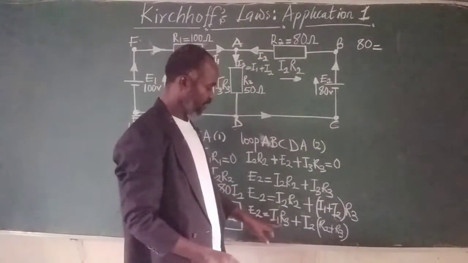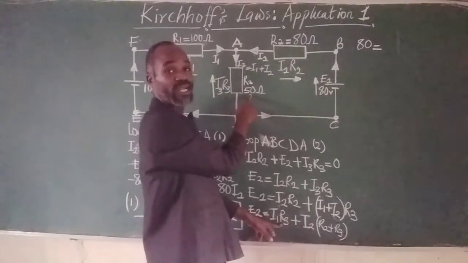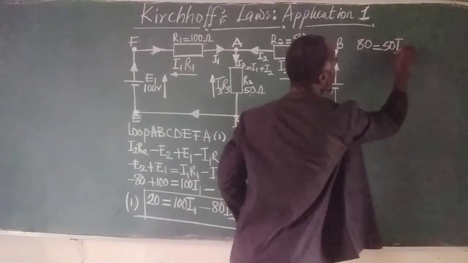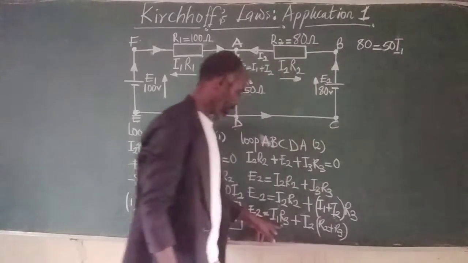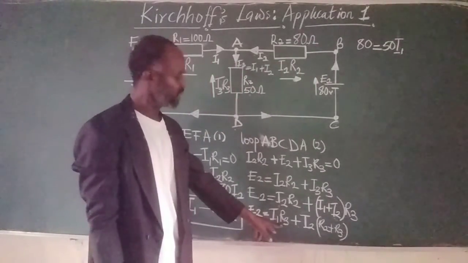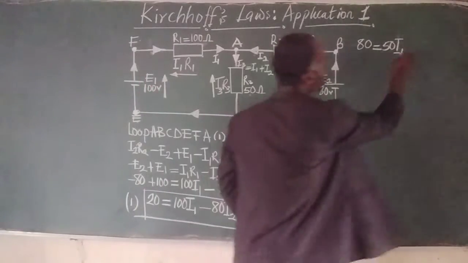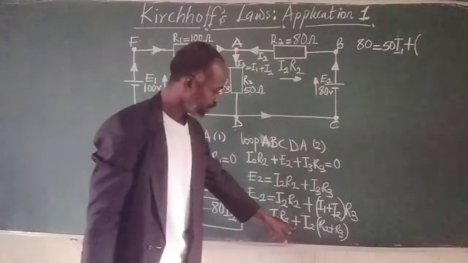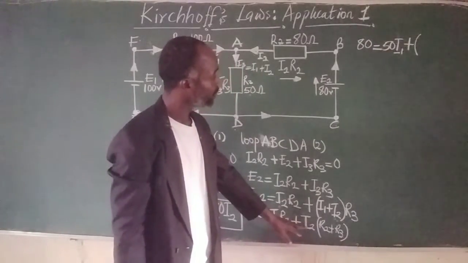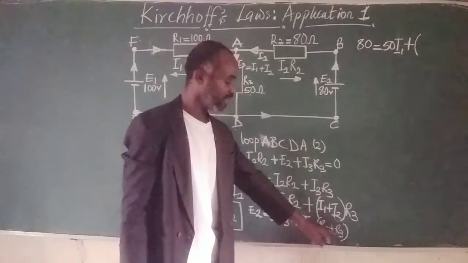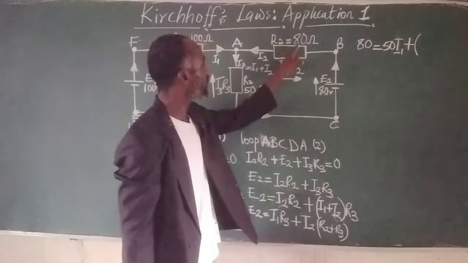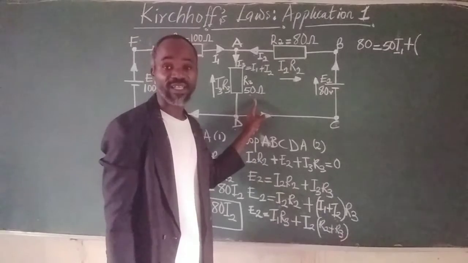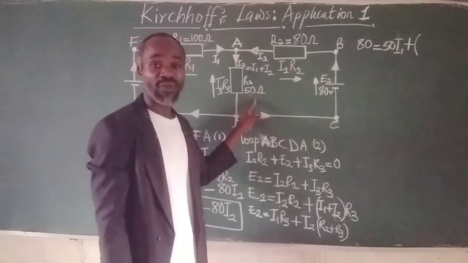For resistance 3 is 50 ohms, right? So we have 50 ohms, that is I1, okay? And then we have another one, plus, bracket open, we have resistor 2 and resistance 3, that is, 2 is 80 ohms, 3 is 50 ohms, 80 plus 50 is giving 130 ohms.